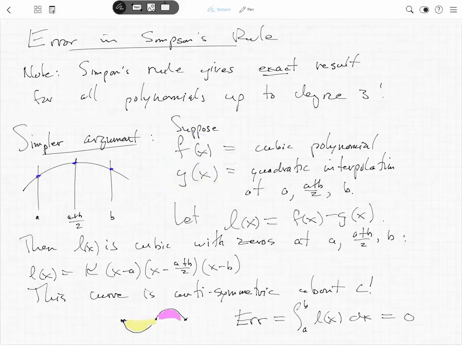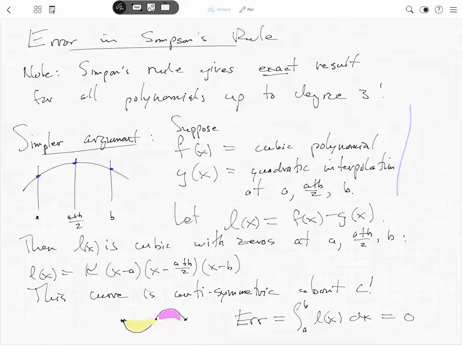Well, the difference between the integral of f and the integral of g is the integral of f minus g, and that's exactly what L is. It's the integral of f minus g, and we just saw that that's 0. So in fact, we now see that the error in Simpson's rule in integrating a cubic polynomial is 0. So Simpson's rule gives the exact correct value for cubic polynomials as well as quadratic polynomials. Okay, so that's a nice result, nice thing to know.